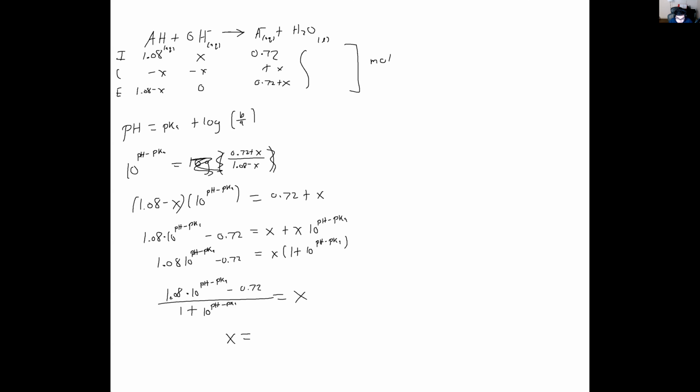Negative log of 6.3 times 10 to the negative eighth. And then minus 0.72 over 1 plus, and then same thing, 10 to the 7.4 minus negative log of 6.3 e to the negative 8. Let me just double check. Yeah, it's Ka2.